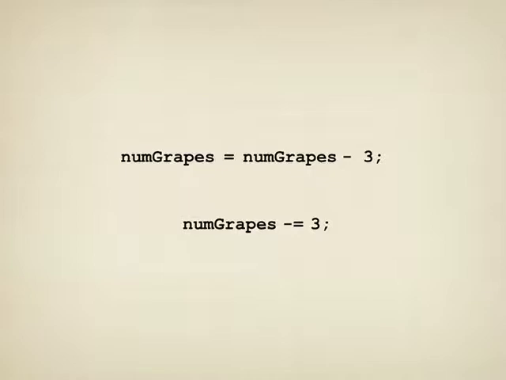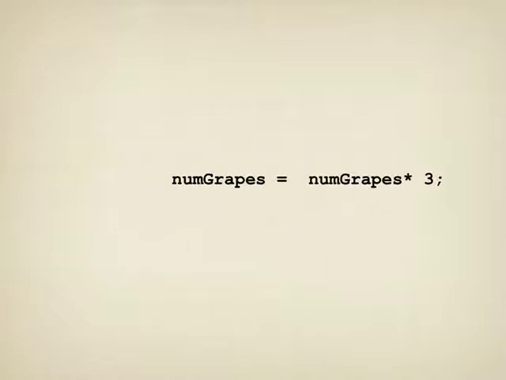By the way, it matters that the minus comes before the equals. If you write =-, Processing won't understand you. So it's always += or -= or any of the others we're going to see, but the equal sign comes second. Just as we have this operation for plus and minus, we have it for multiplication. So let's go ahead and triple the number of grapes we have.